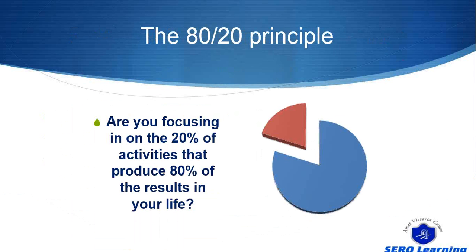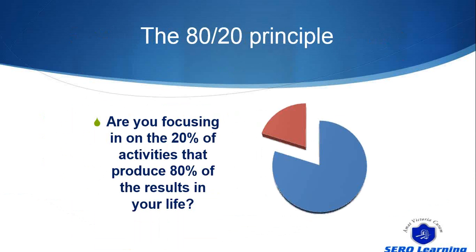80% of your sales come from 20% of your clients. 80% of a company's profits come from 20% of its customers. 80% of a company's complaints come from 20% of its customers. 80% of a company's profits come from 20% of the time its staff spend. 80% of a company's sales come from 20% of its products. 80% of a company's sales are made by 20% of its sales staff.